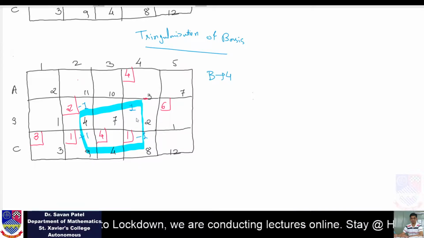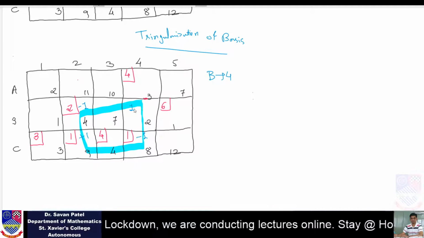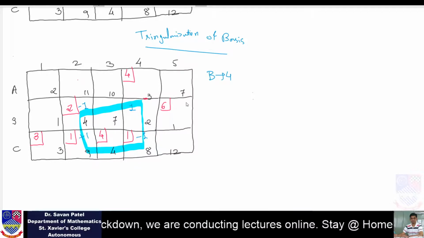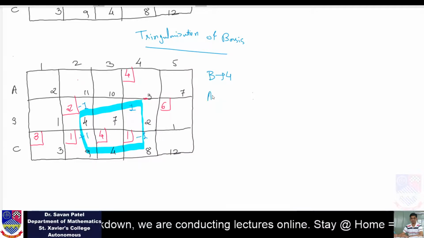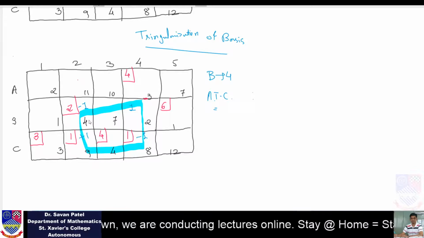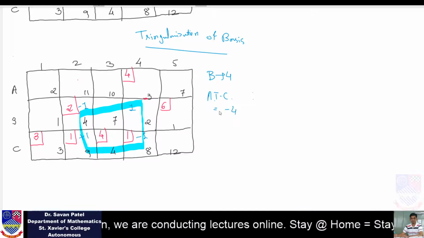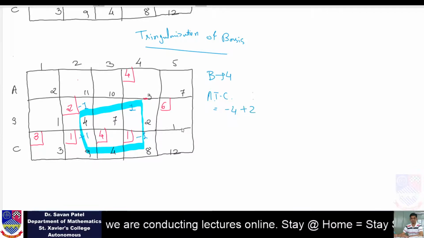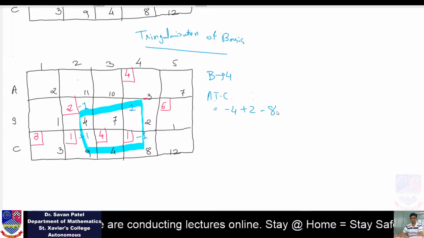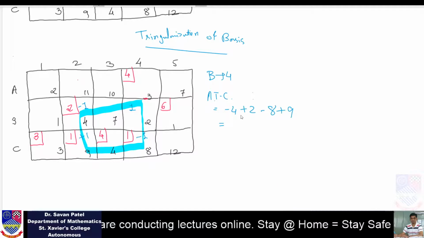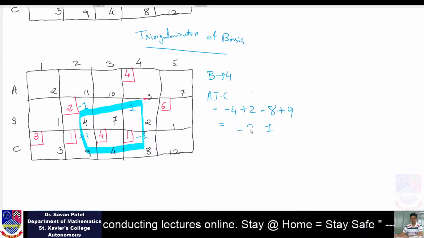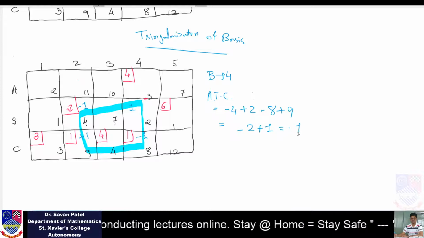Now the additional transportation cost is minus 1 times 4, so minus 4, 1 times 2, so plus 2, minus 1 times 8, so minus 8, and plus 1 times 9, so plus 9. So here it is 1, and minus 2 plus 1 is minus 1.